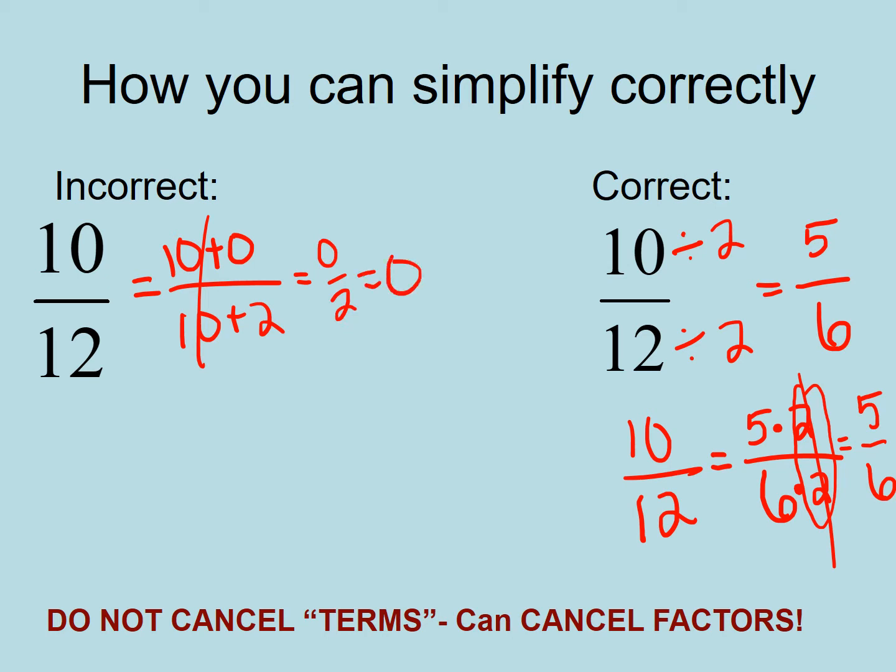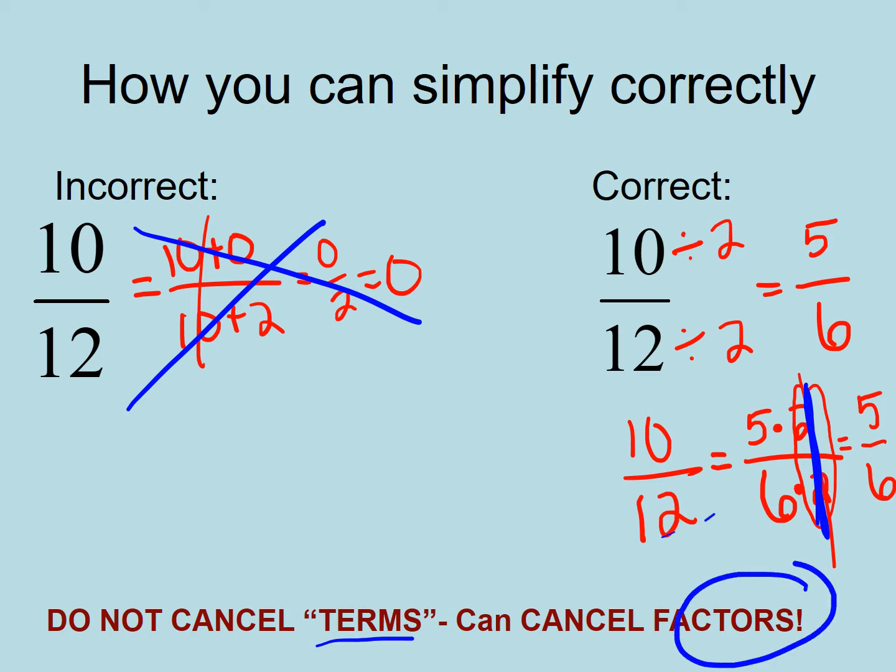That doesn't work, and the reason why it doesn't work is because we don't cancel terms, we cancel factors. And so if you're adding or subtracting, that's not canceling a factor, that would be canceling a term. But we have to cancel our factors, or numbers that are getting multiplied. So keep that in mind as we go forward.